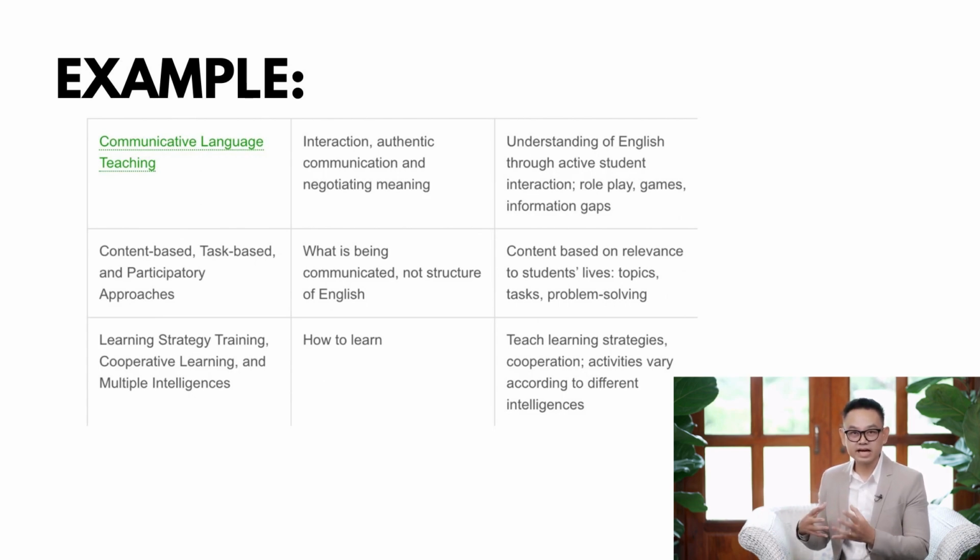So you have to design the activities to make sure that the students in your class will interact with each other, not just among themselves, but maybe between the teacher, you yourself, and the learners as well. And the target goal is for the learners to understand English through active student interaction. They may be asked to do some role plays or games or information gaps and stuff like that.